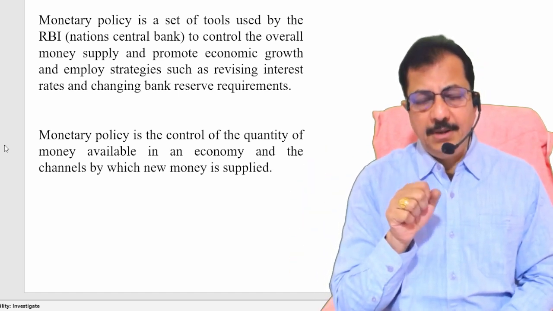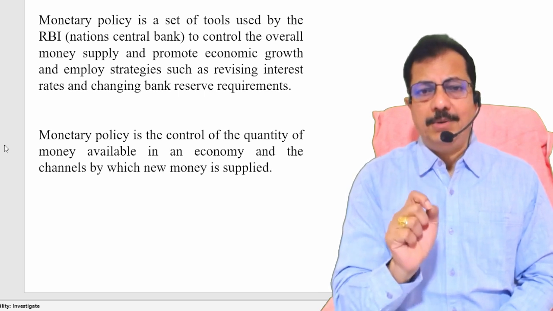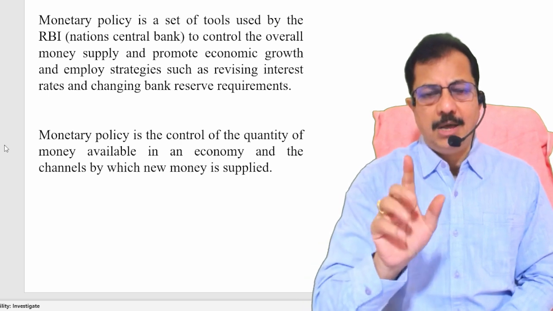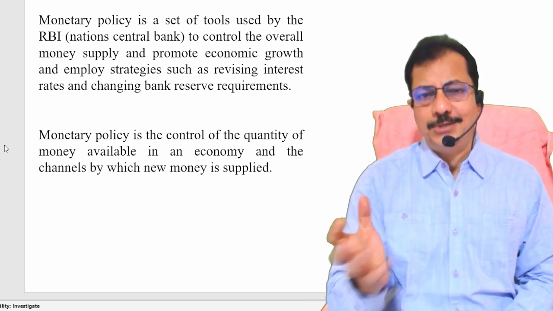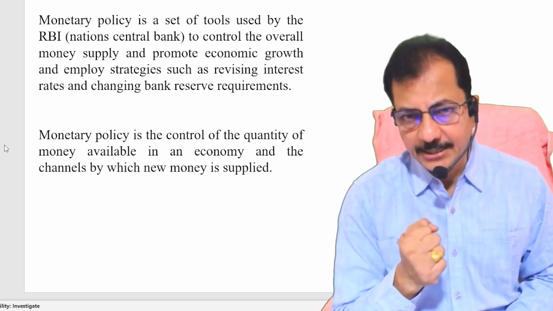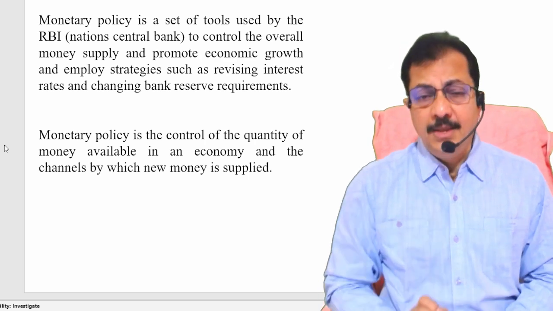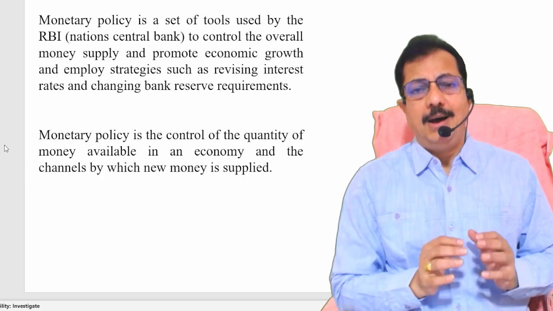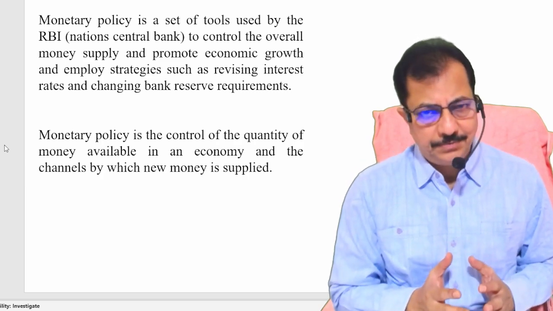Meaning is simple: RBI has the power to pump more money into the market. The same RBI also has the power to suck money from the market. Clear? Depending on the necessity, situation, requirement and demand, RBI takes such decisions.